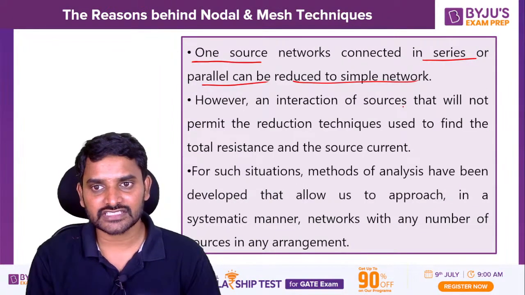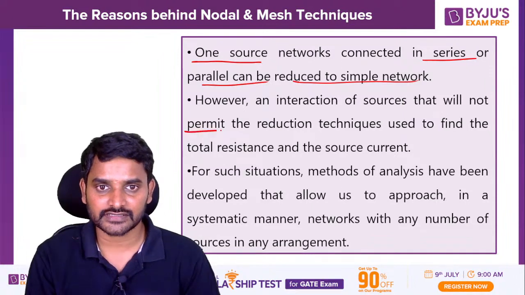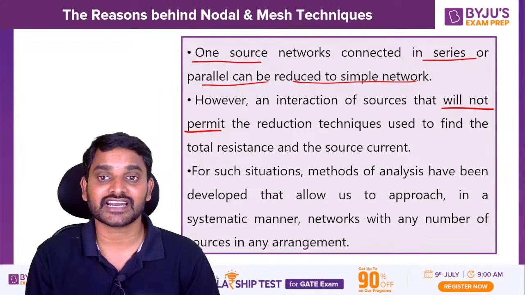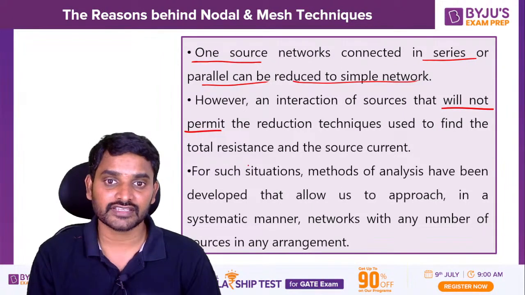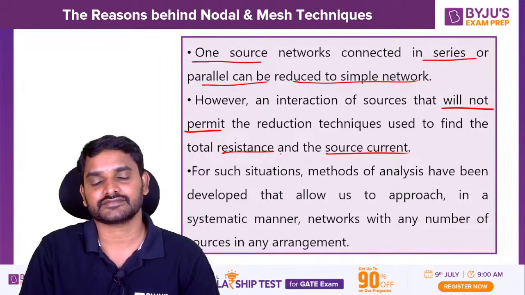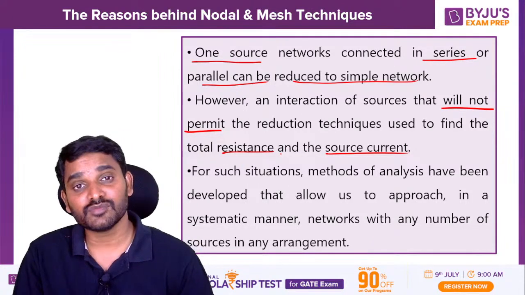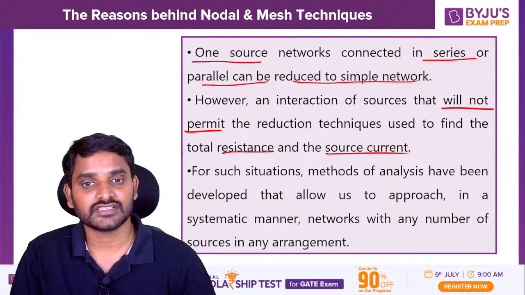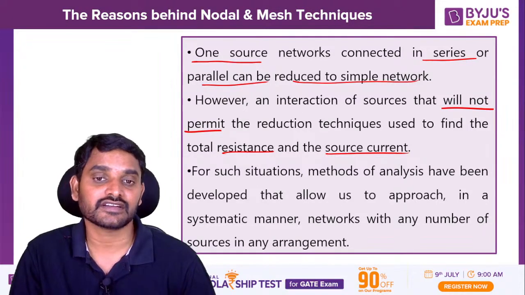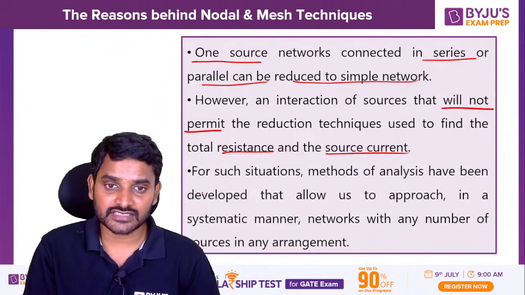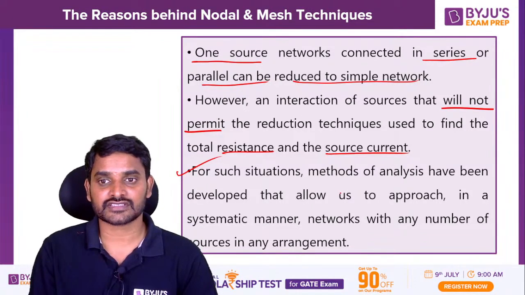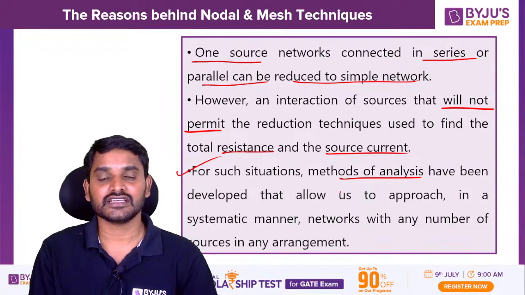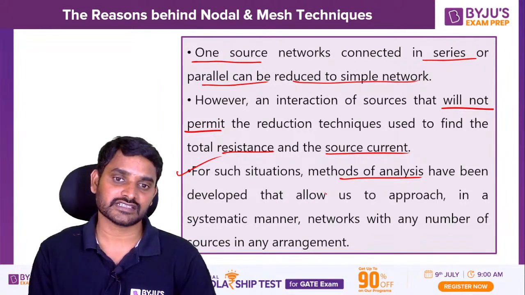However, an interconnection of sources will not permit the reduction techniques used to find the total resistance and source current. If you have more than one source, there might be a chance we may not reduce the network. In those situations, we will implement the methods of analysis, that is called nodal analysis or mesh analysis.